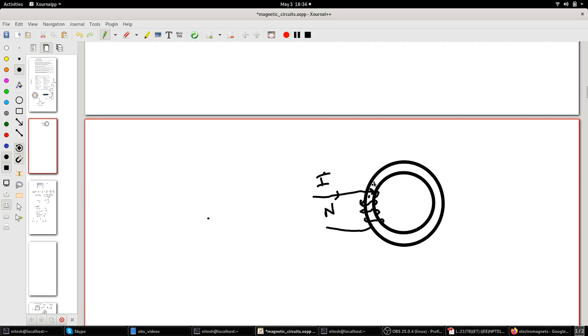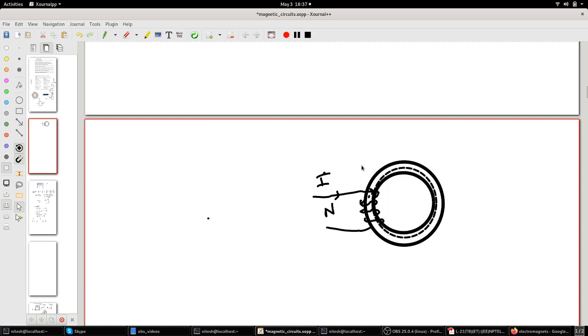Now this magnetic field is going to be in this direction, right? Since it's passing through some area, it's going to generate a flux, and the flux lines are going to be guided by this particular core. So these are the flux lines. You will have concentric lines, something like this.